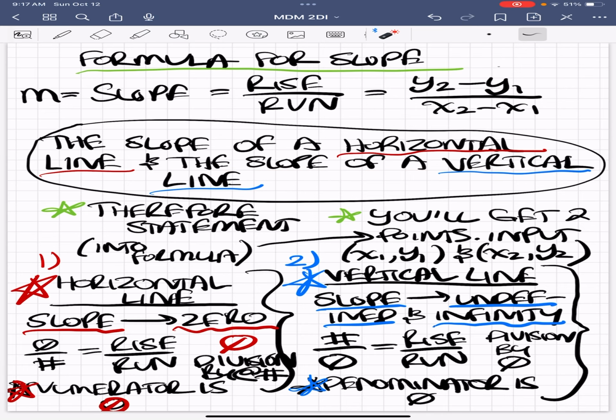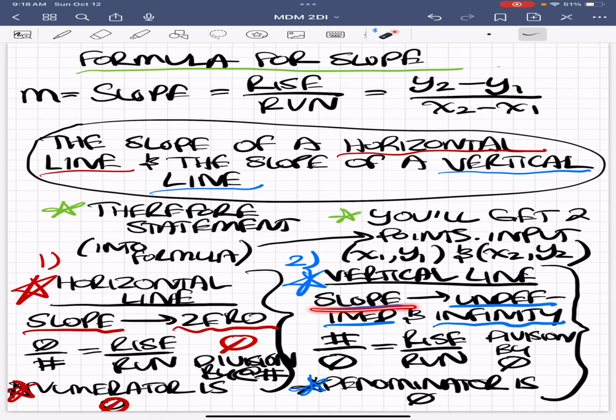So basically, when we talk about horizontal line and vertical line slopes, it comes down to what's written down here. The slope of a horizontal line is 0. It is 0 divided by a number, and that's the rise and run. It's division by a number with a 0 on top, and the numerator is 0. And then we have vertical lines.